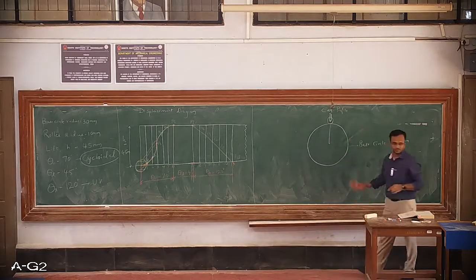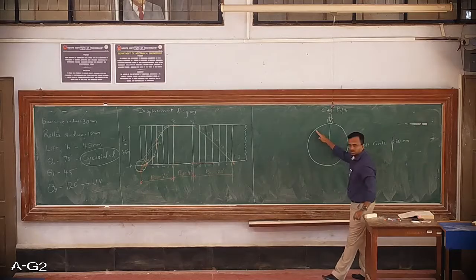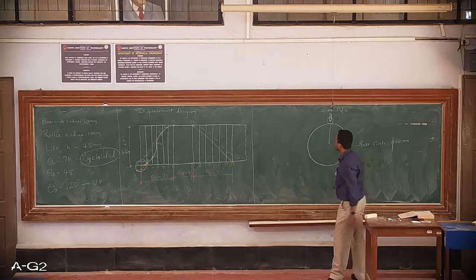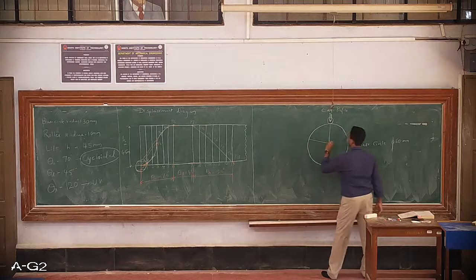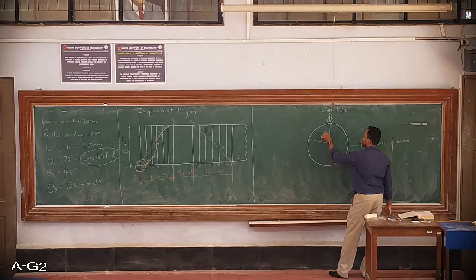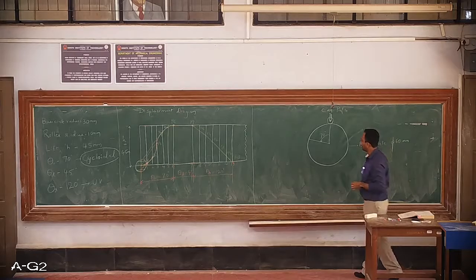The next step, which will be common to most of the problems, I'll divide this circle into rise stroke, dwell stroke and return stroke as we have done in the displacement diagram. So the rise stroke is for 70 degrees. This angle is 70, followed by a dwell period of 45 degrees.